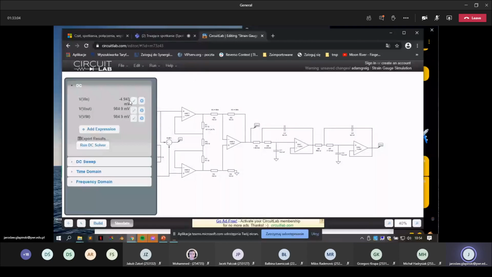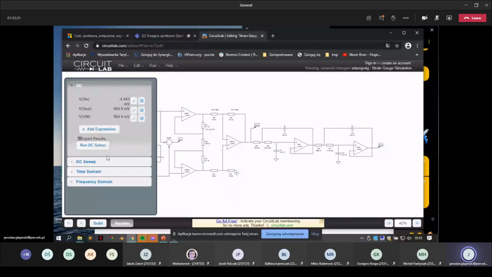Okay, so if you can see, we've got 5 millivolts as an input, the difference in the Wheatstone bridge, and we've got amplification up to nearly 1 volt after this amplification system, and after filtering, we've got the same situation.